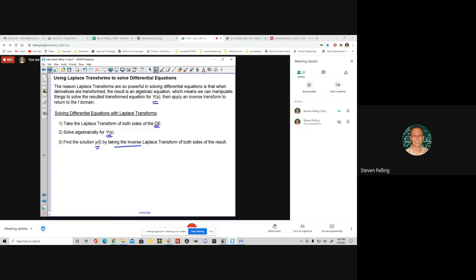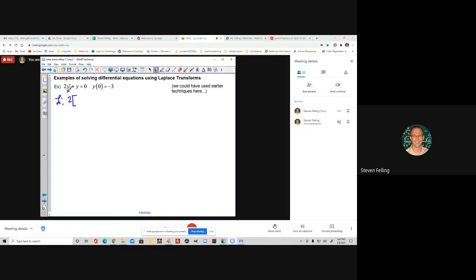So I'm just going to replace that y prime. The Laplace transform of that is s times the Laplace transformed Y(s) minus y(0). And then I'm going to put plus y, but we're going to take the Laplace transform of that term, and the Laplace transform of y is just capital Y of s. And then over here, the Laplace transform of 0 is 0.